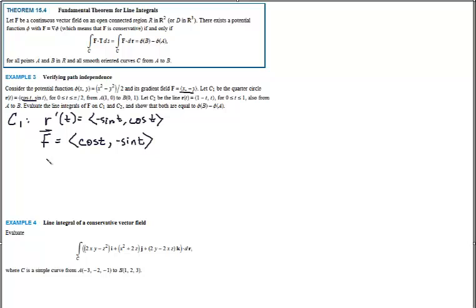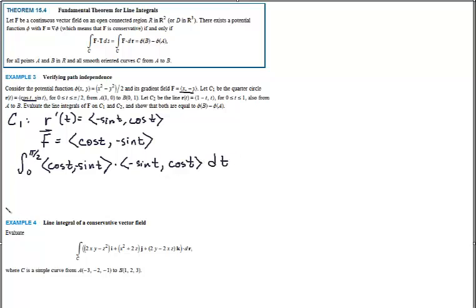Next I need to do my integral. So this is going to be the integral from 0 to pi over 2. I'm going to take the dot product of both my f and my r prime of t, so those are two vectors, cosine t, minus sine t, dot product with minus sine t, cosine t, dt.